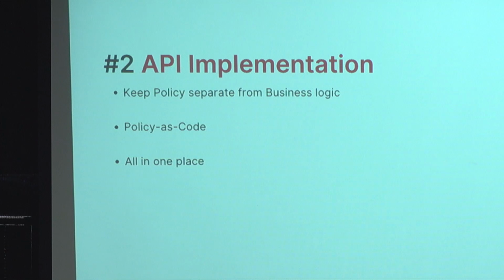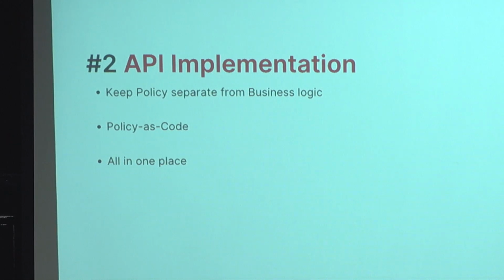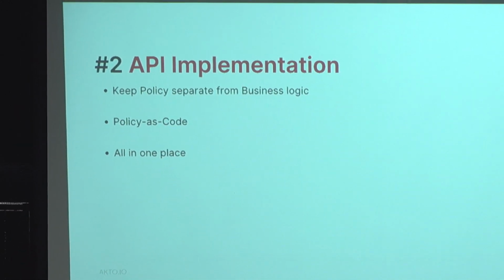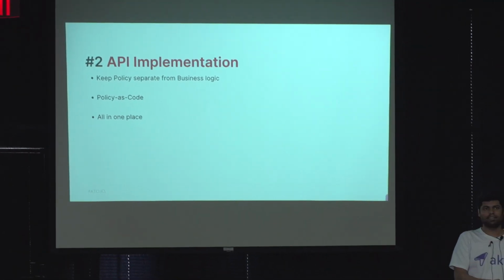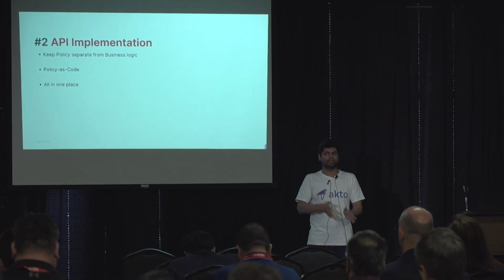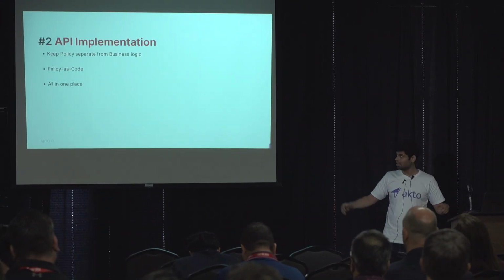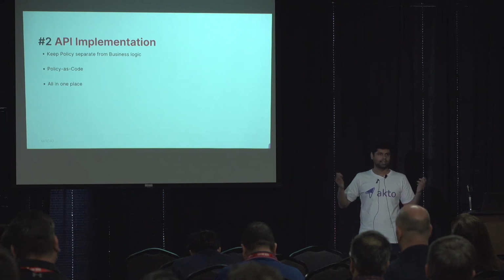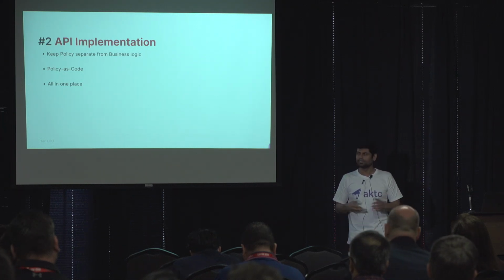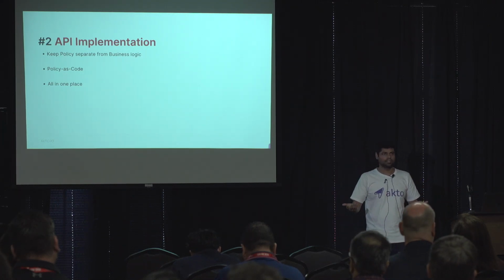So if your teams can afford it, do have API policies. They can be in any language or any format, but API policies should be structurally separate from your API implementations at least. And if you can have all the policies in one place, that's great. Then that's all you have to do to check if the policies are defined correctly.